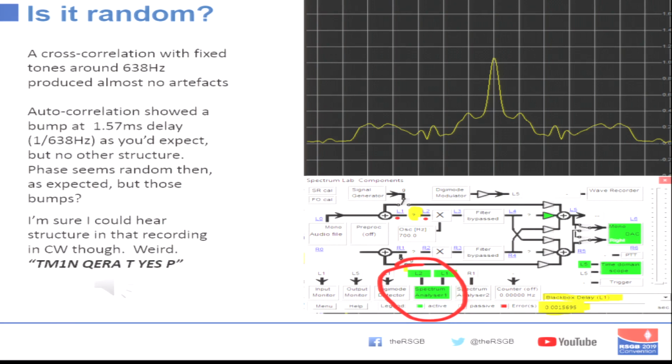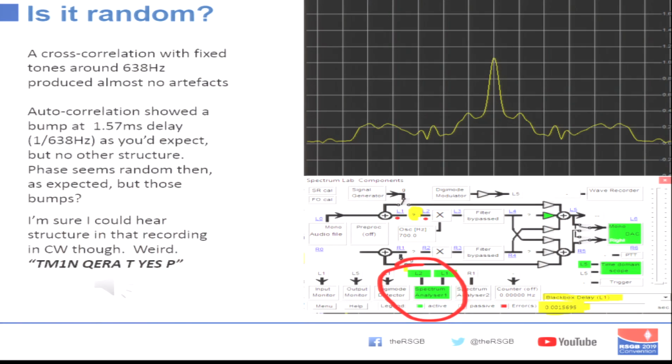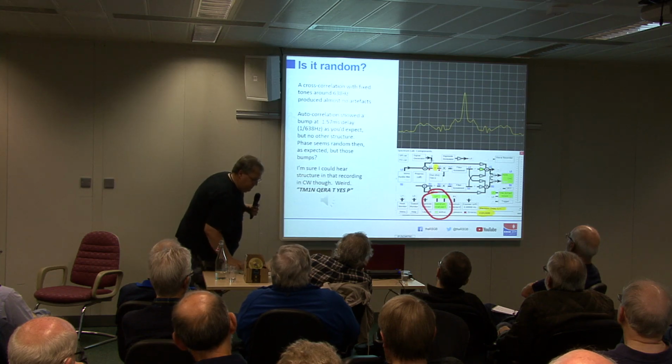So if anybody's interested later on, you can have a look at that. That's the Spectrum Lab that I used to make it work. Good piece of software. So let's have a look at that zooming out.